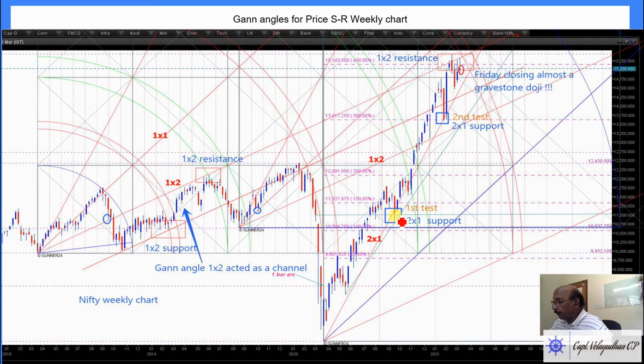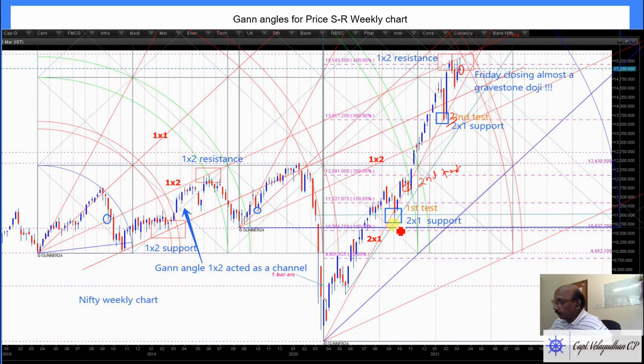Then price remained above the Gann angle. Here again it tried to breach. This is third test. So at my initial starting time I said most of the time Gann angle will be tested 2 or 3 times. So what we can see is the first test, second test, third test.